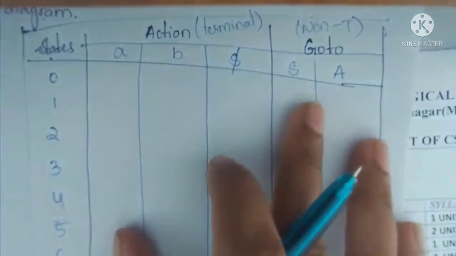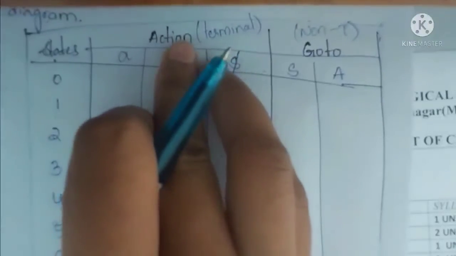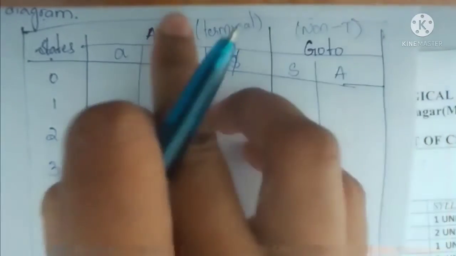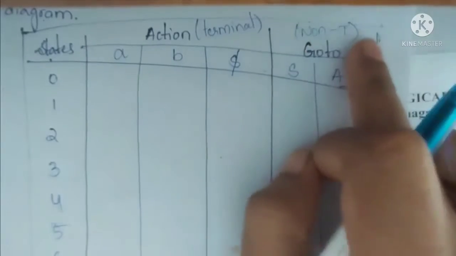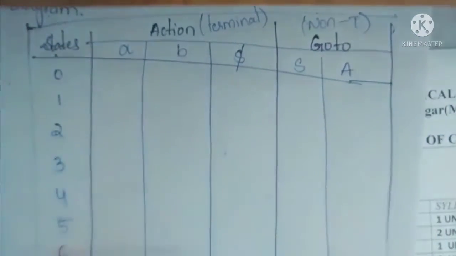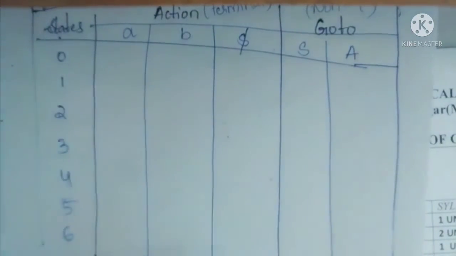In the action you have to write the terminals and in the go to you have to write the non-terminals. And in this you have to include the 6 states. So you have to check from the first, from I0.